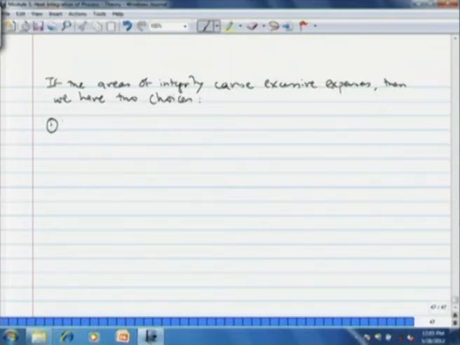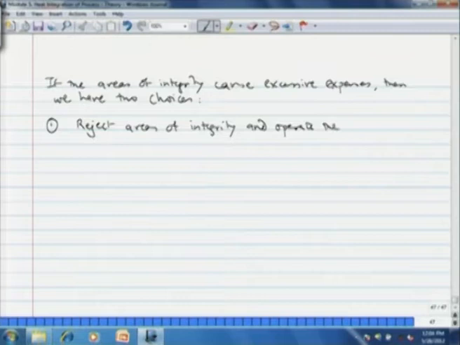First choice is to reject areas of integrity and operate the process as a single system. That is one option. And the second option is to find a way to overcome the constraint while maintaining the areas.